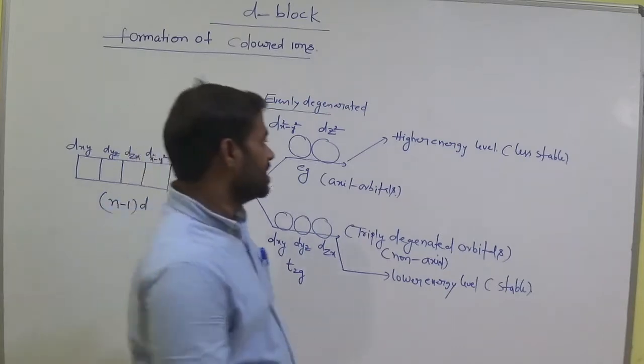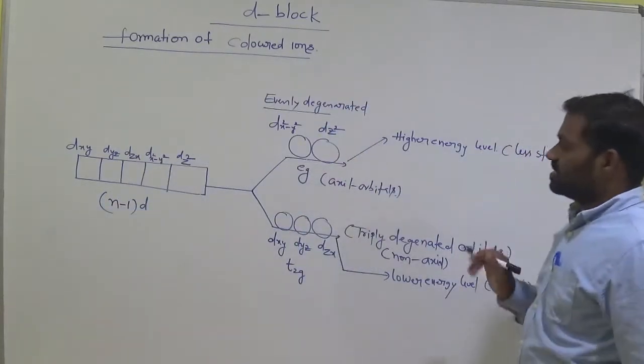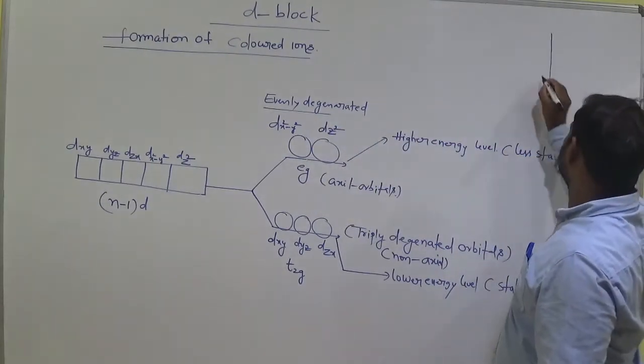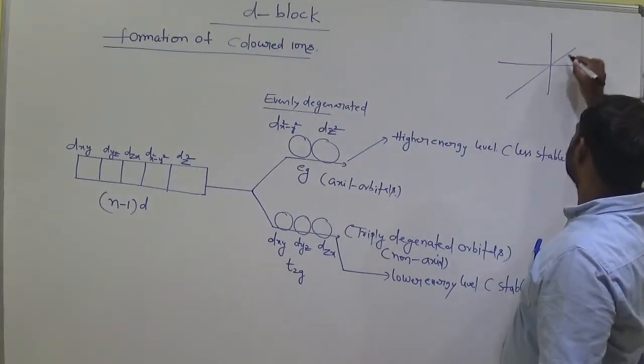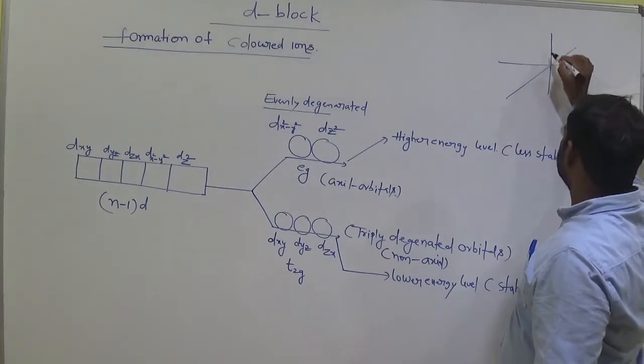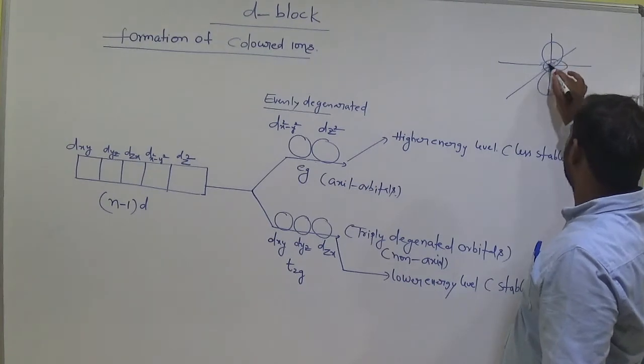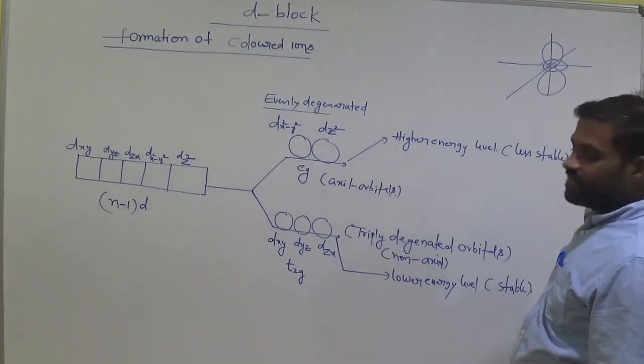That means dx square minus y square is on the axis, and dz square is on the axis.